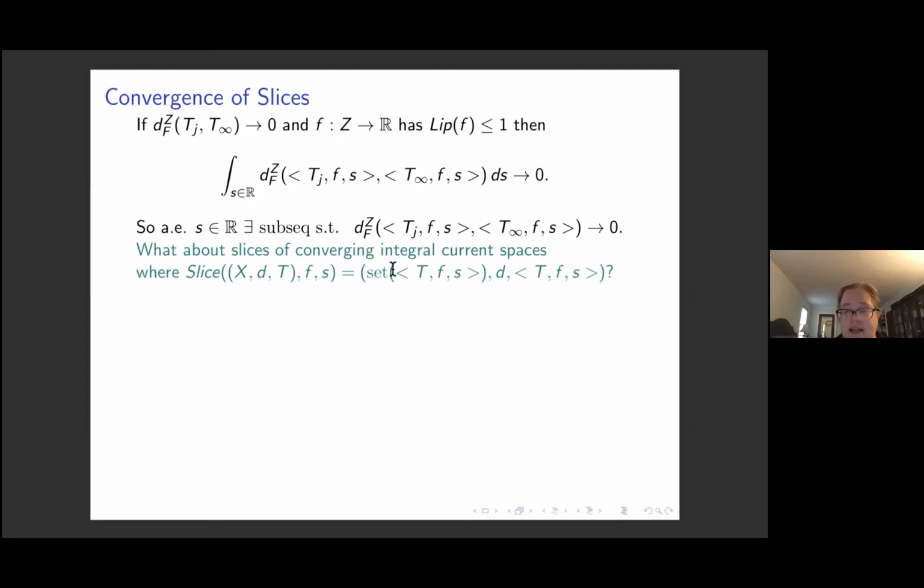Okay, this is a definition: the slice of an integral current space X with function f at s is equal to the set of the slice, the distance from X, and the slice defining the current structure. This is defined for f being a function that's Lipschitz on X itself.